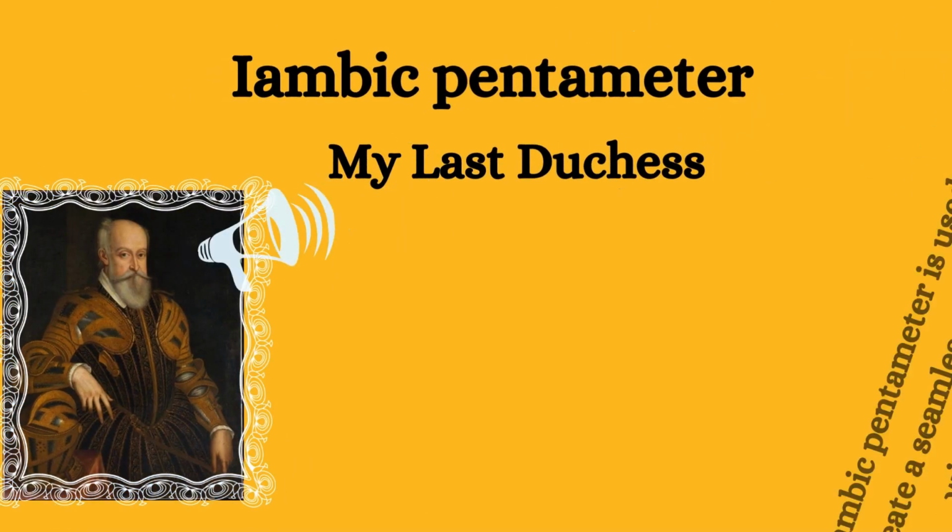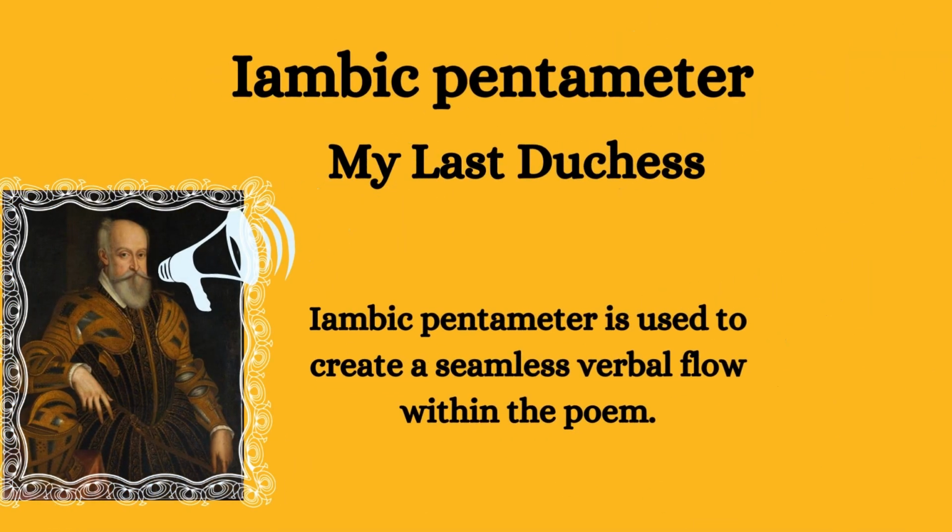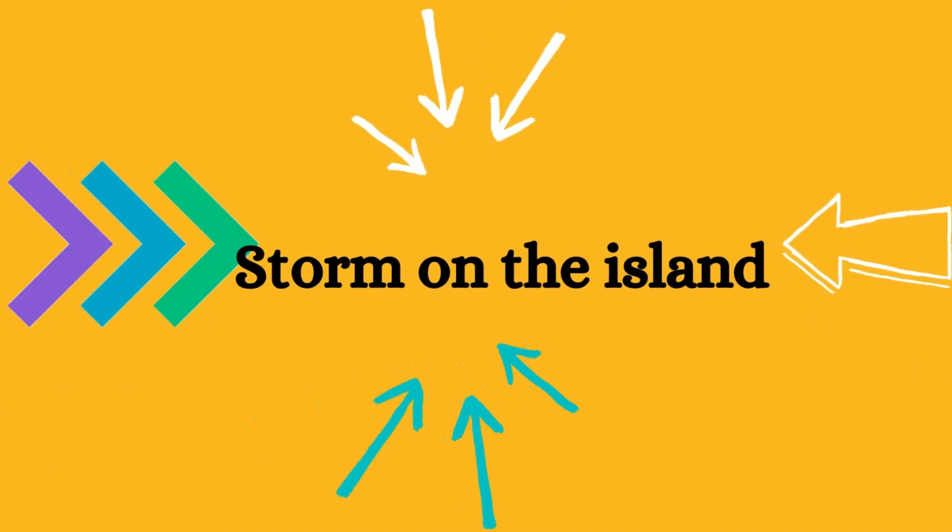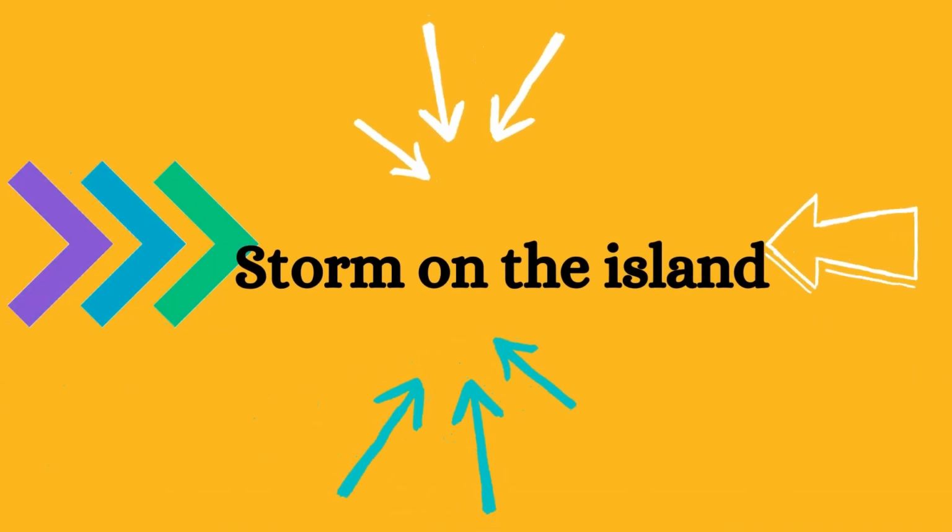For example, that's my last Duchess painted on the wall. Iambic pentameter is also found in the poem Storm on the Island.